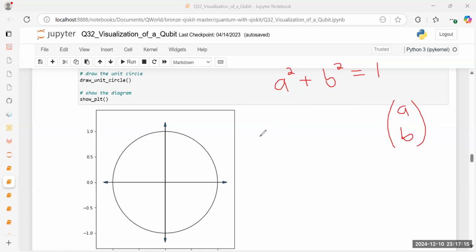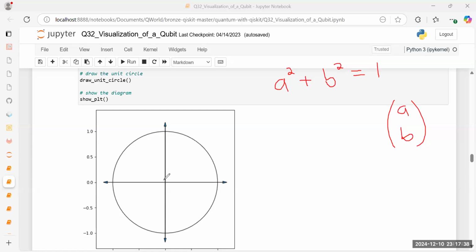So for real values of A and B, we can actually use a unit circle to visualize the states in a single qubit, and we're going to see how.